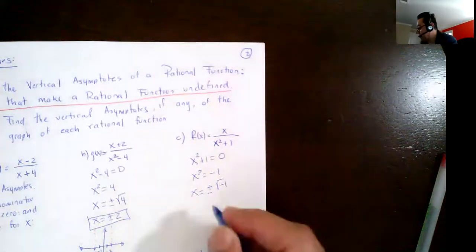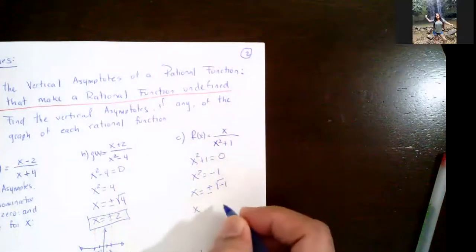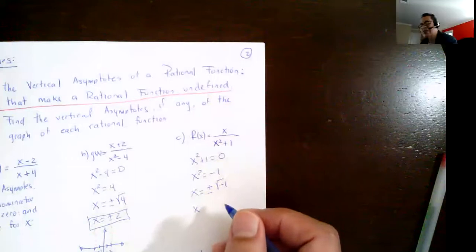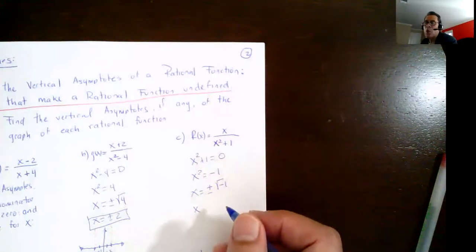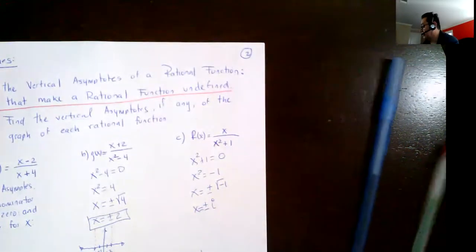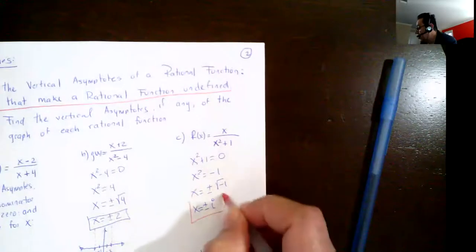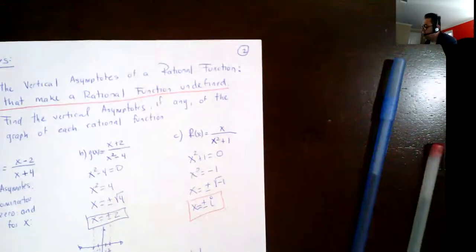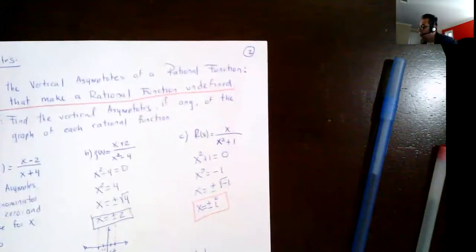Would it just be i or would it be i1? It's just i. The 1 is implied. That will be plus minus i right there. Probably I mentioned this before, but when you solve for x and you get imaginary numbers, what this tells us is that the graph will never cross the x-axis.